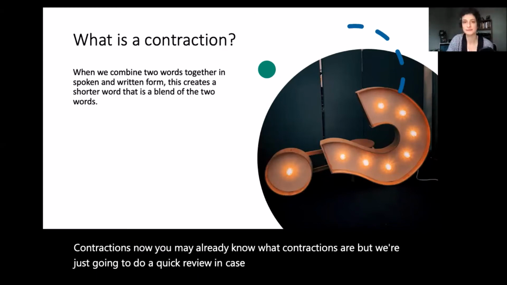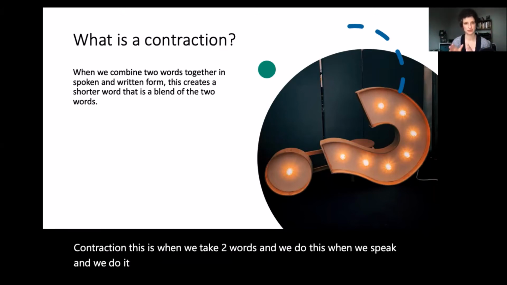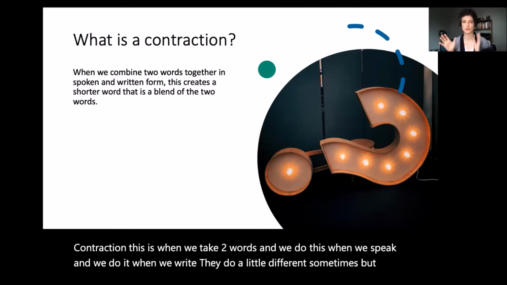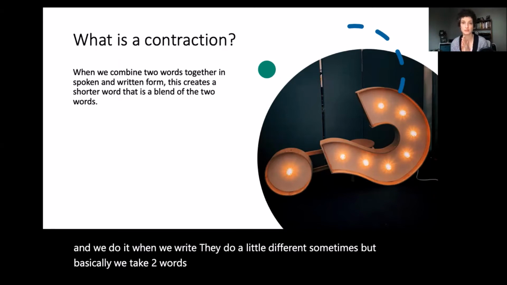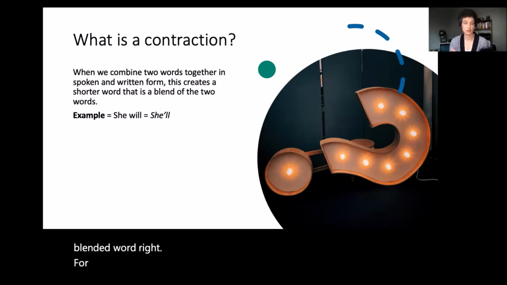A contraction is when we take two words, and we do this when we speak and when we write. They're a little different sometimes, but basically we take two words and we squish them together to make one blended word, right? For example, she will, we contract this to she'll, right?